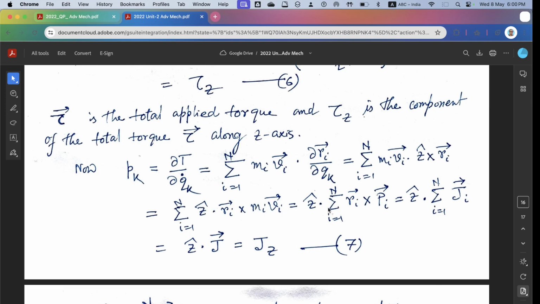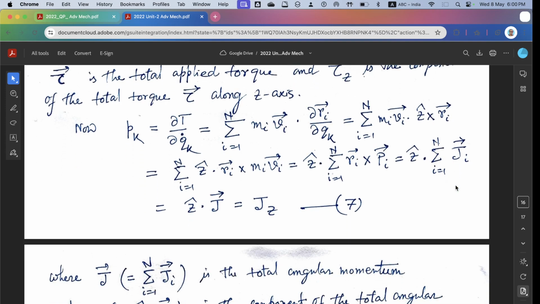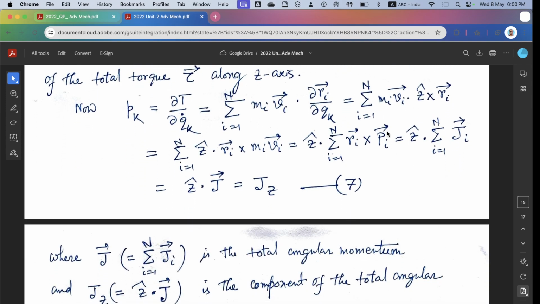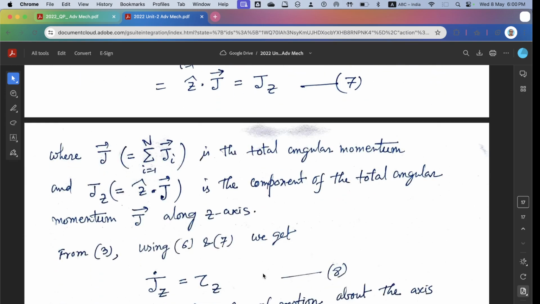This capital pi vector is mi vi, the linear momentum of the ith particle, and this is equal to z cap dot the summation of capital gi vector. This capital gi is the angular momentum of the ith particle. The summation of this capital G vector gives Gz, the component of the total angular momentum capital G along the z axis.